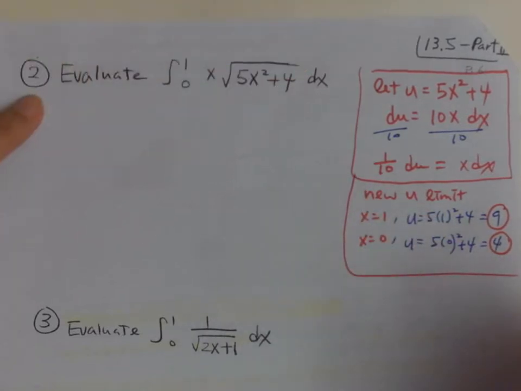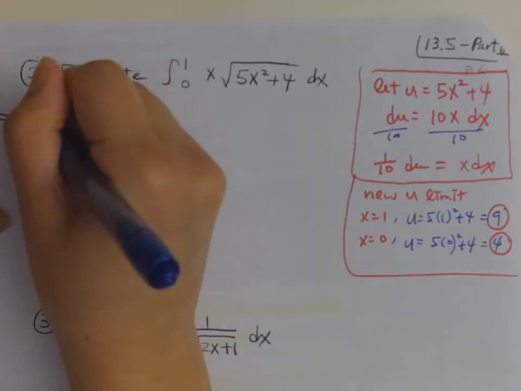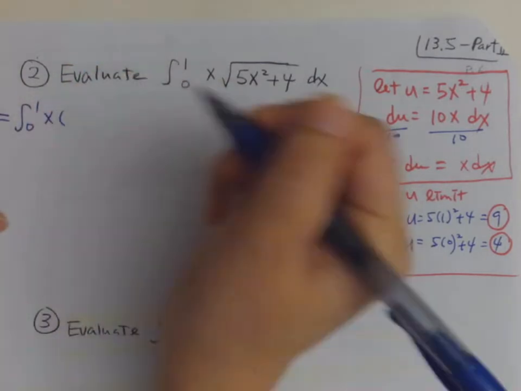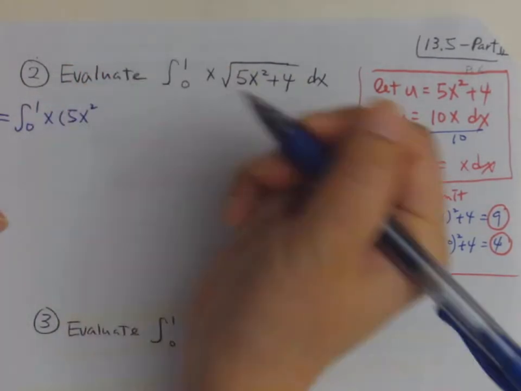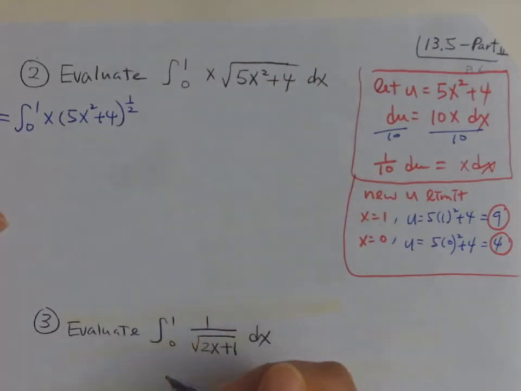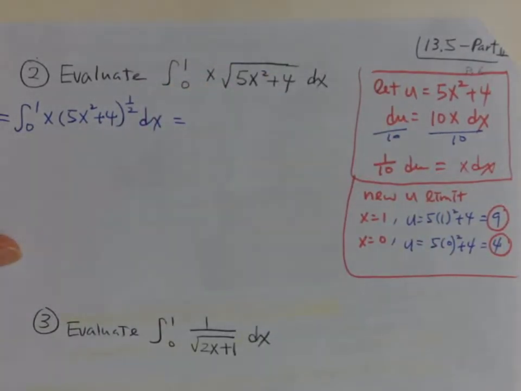So I need to substitute all that in here, but before that, I probably want to rewrite that as exponents, right? So the old integral was from 0 to 1, x times 5x squared plus 4 raised to the 1/2 power dx.